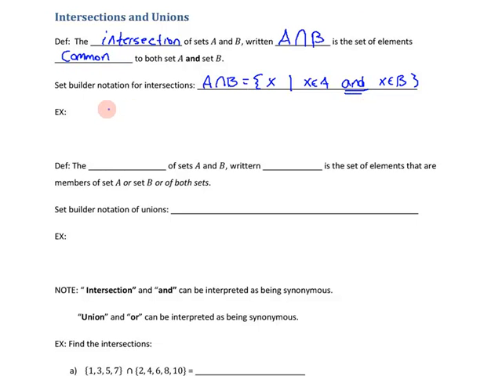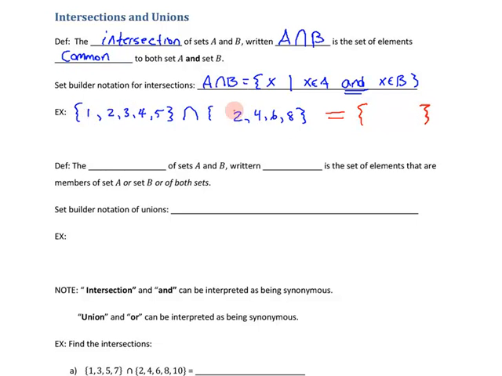So let me give you an example. Consider the set {1, 2, 3, 4, 5}. And let's intersect that with the set {2, 4, 6, 8}. The intersection of those two sets would be a new set, and it's everything that's in both of them at the same time, right?